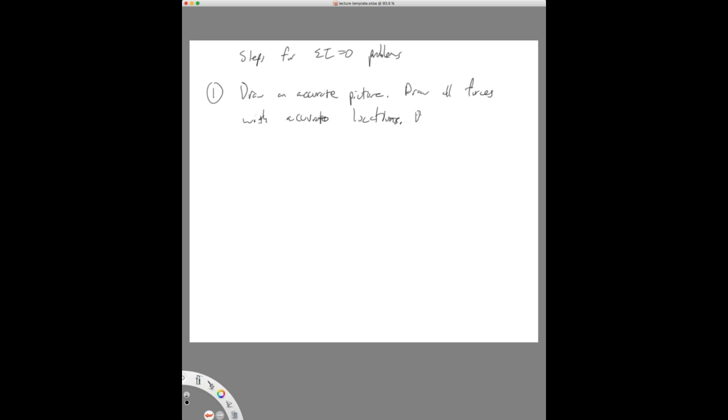Then we're going to draw in our vectors. Actually, sorry, we're not going to draw them in yet. I should do it the way we actually do it, not the way it sounds like you should do it until you think about it. So what do you do after you draw the accurate picture? Then we have to choose a pivot point.